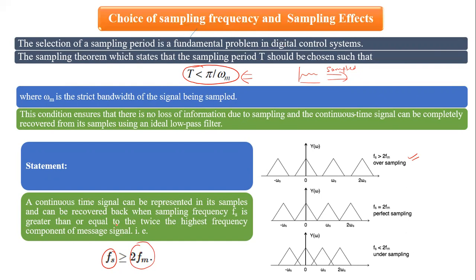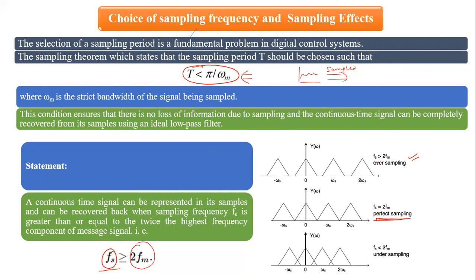That means the analog signal which we are going to sample has a highest frequency value, and twice that highest frequency value, or greater, shall be the sampling frequency of that particular analog signal. Only then would you be able to get the perfect sampling.